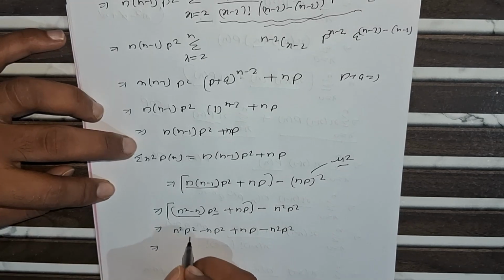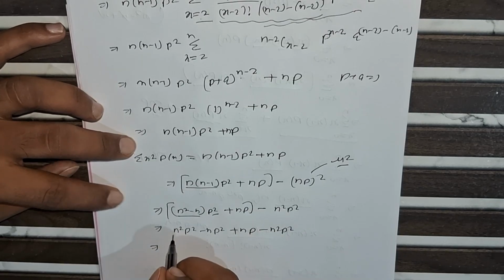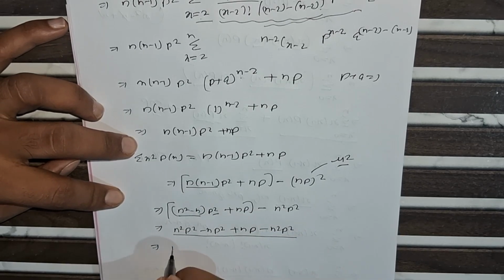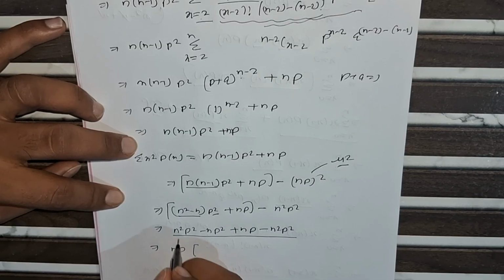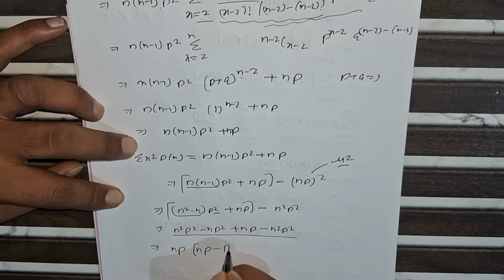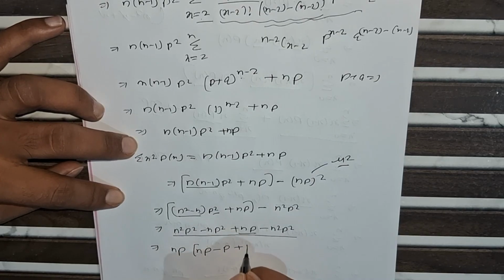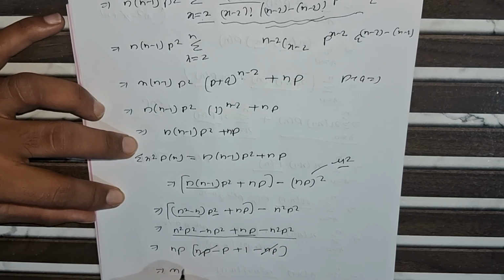From this whole expression we take np as common. So this becomes np into minus p plus 1, because the n square p square terms cancel out. So np of minus p plus 1.